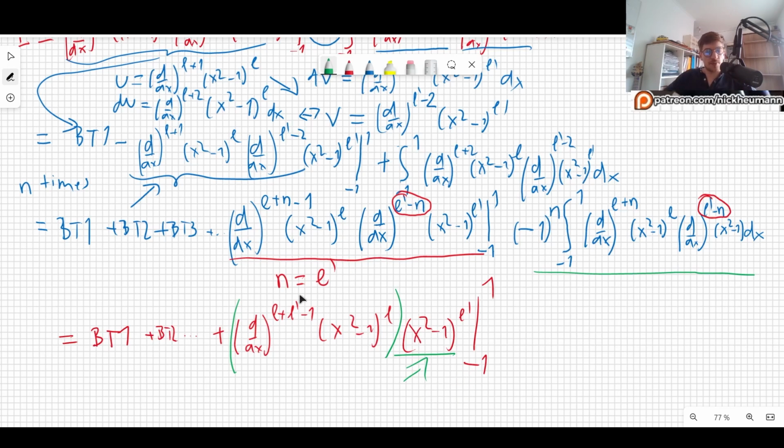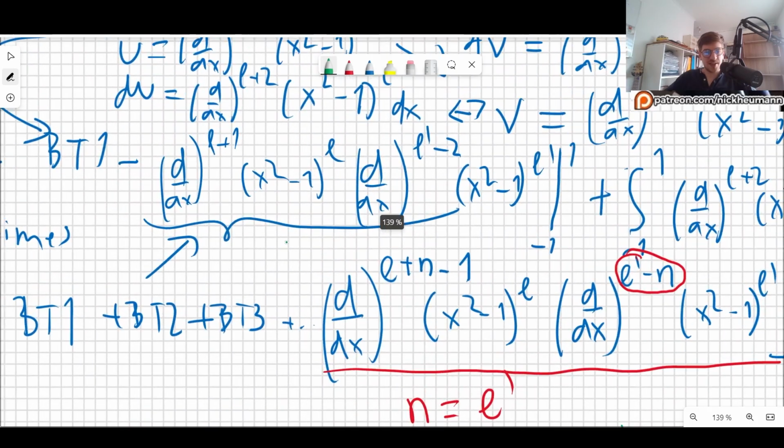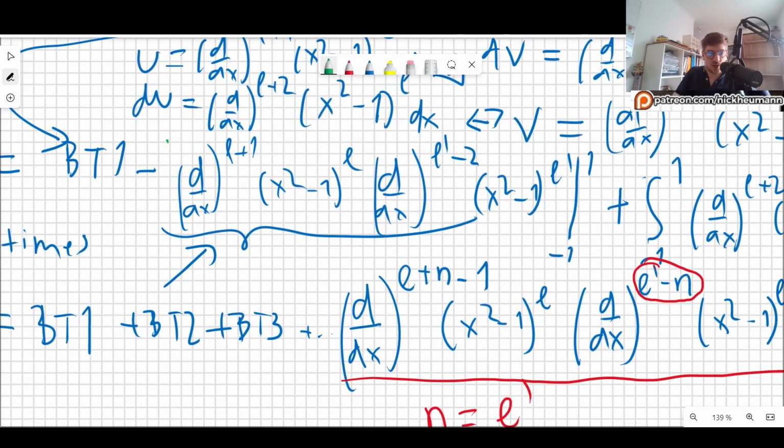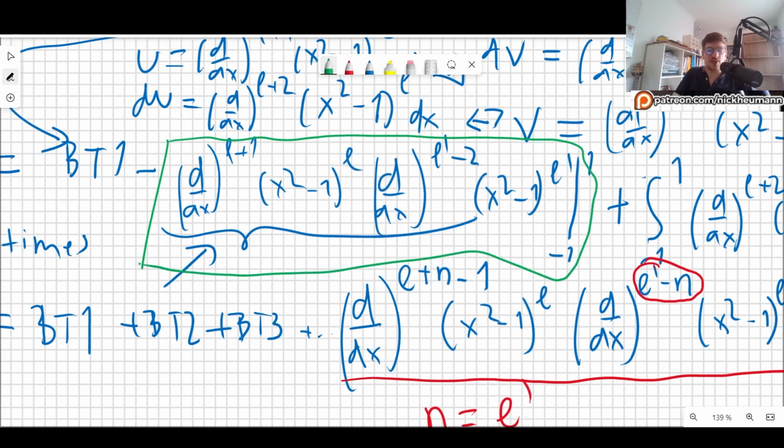And what about the other boundary terms? For example, this thing right here that I will now highlight in green or put in a box, this right here was our second boundary term. But notice here that it doesn't really matter what the values of L and L prime are, because what you're doing is taking some amount of derivatives of this x squared minus 1.